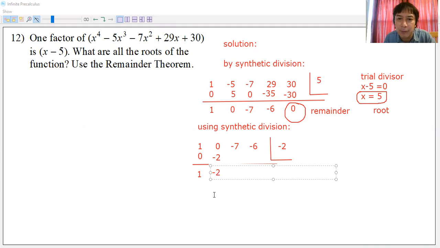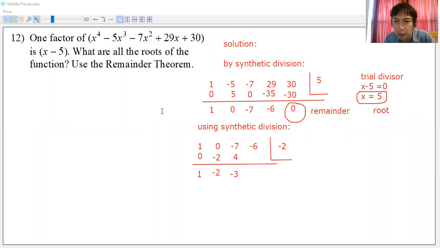Next product is -2 and -2, that's a 4, to be written below the -7. It's a +4 here. Third addition is -7 and 4, it's a -3. So there's a -3 here.